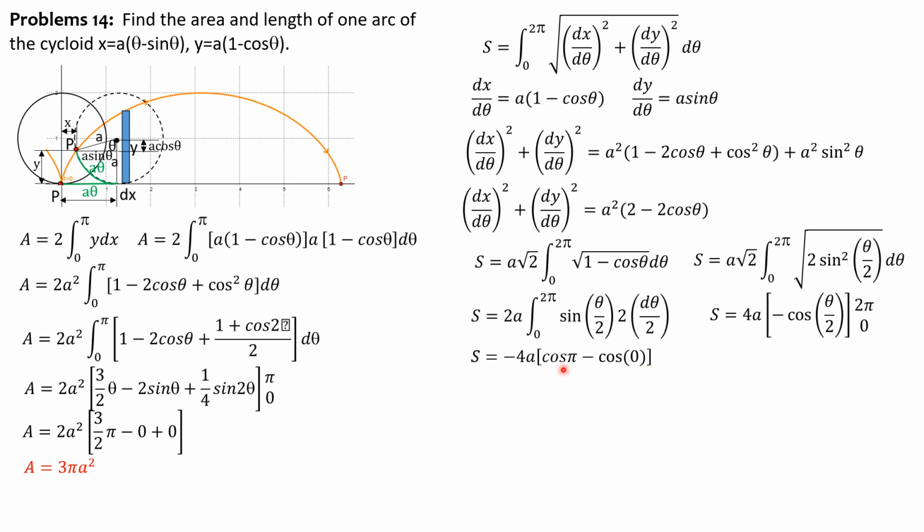So this is negative 1 minus 1. Cosine of 0 is positive 1, so minus positive 1. So s therefore equals 8a. So that's it for this video.